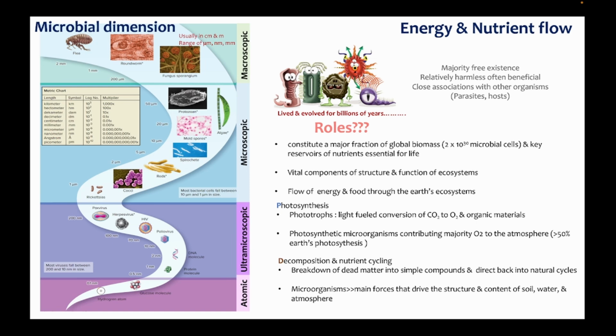Only after that do you have your herbivores and your carnivores, and because there are primary producers, the food web can be sustained. Within photosynthesis we also have microorganisms that play this role. And we also have microorganisms that break down organic matter so that the nutrients can be recycled back.